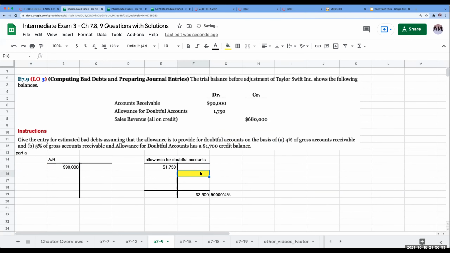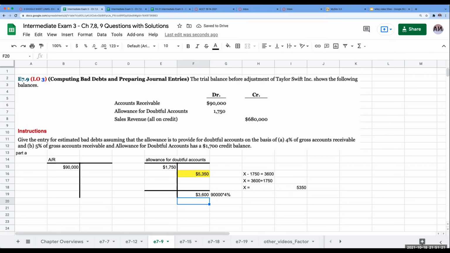X minus 1,750 equals 3,600. X is going to be equal to 3,600 plus 1,750, so X will be equal to 5,350. Now, if we take 5,350 and subtract 1,750, we get to 3,600.